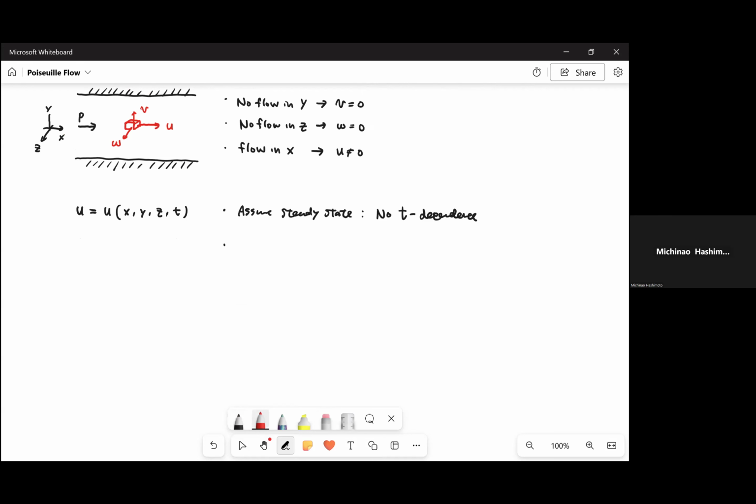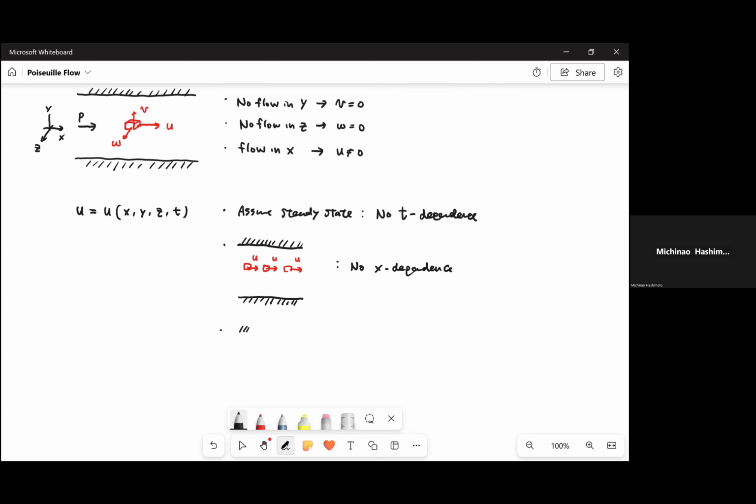If you take a look at these fluid particles at different x locations, once you achieve the steady state, I don't think they are going to change the fluid velocity anymore, right? So this tells us there is no x dependence once they become steady.